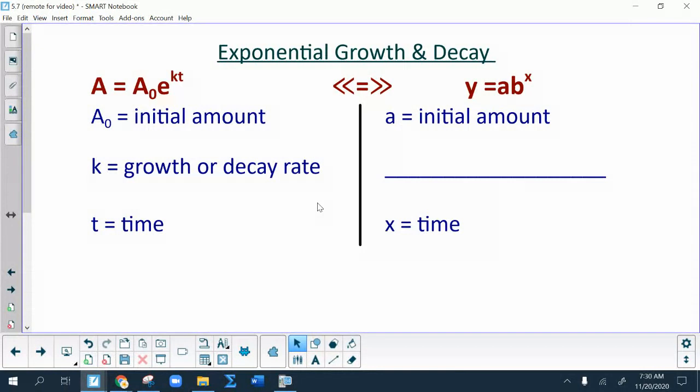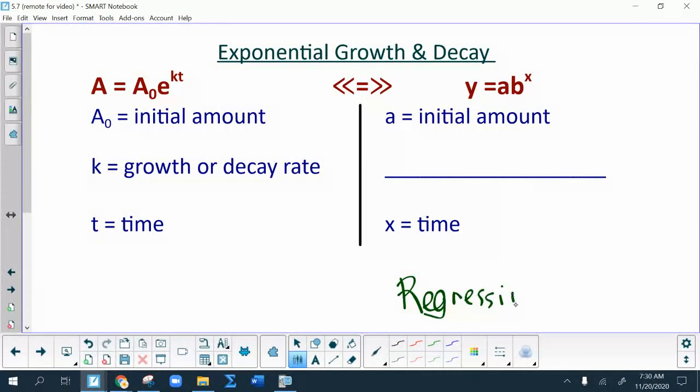And that's also what your calculator does. When we do a regression model, which is something we're going to do in a few minutes, your calculator only gives this format on the right, but you need to be able to also switch it to the form on the left. Calculus and science are going to use the one on the left.